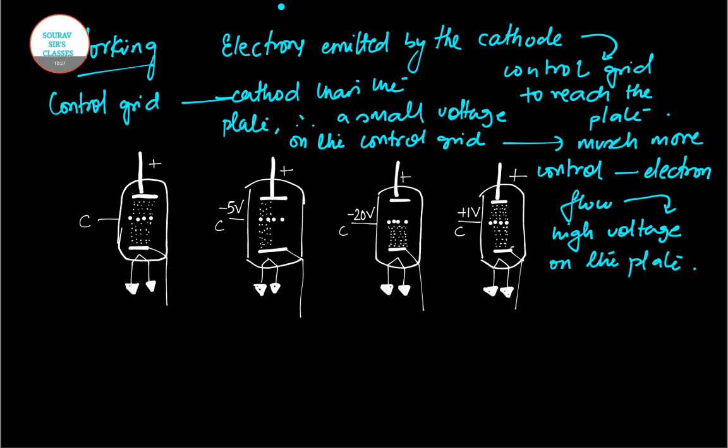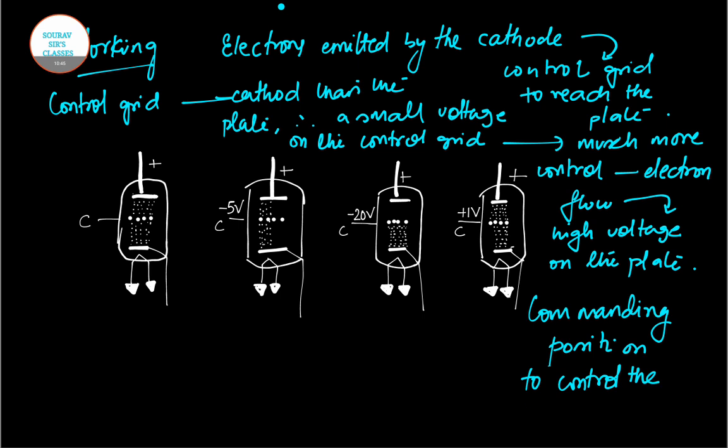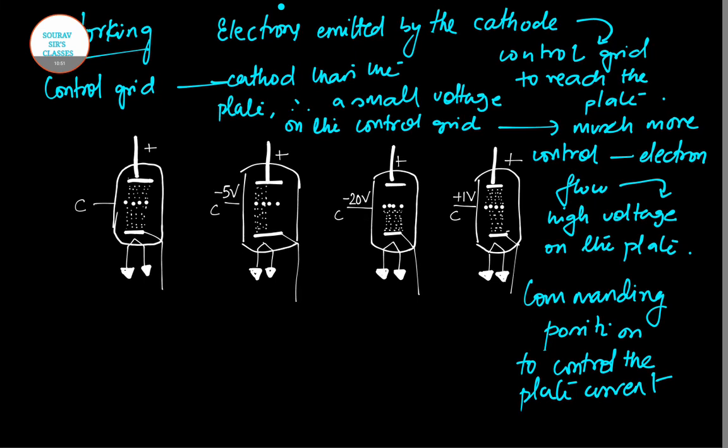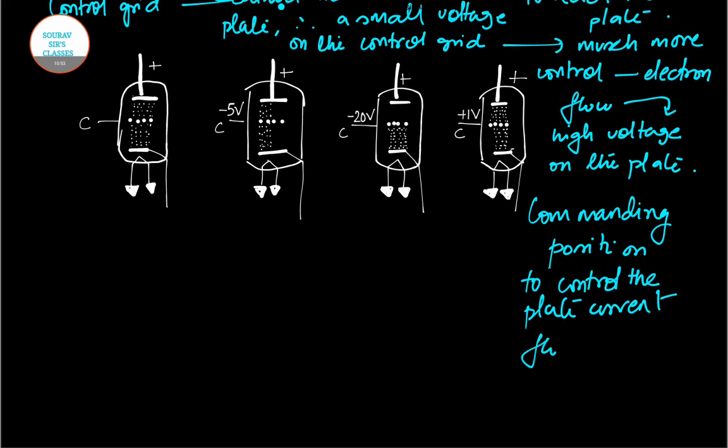This places the control grid in a commanding position to control the plate current flowing in the triode.